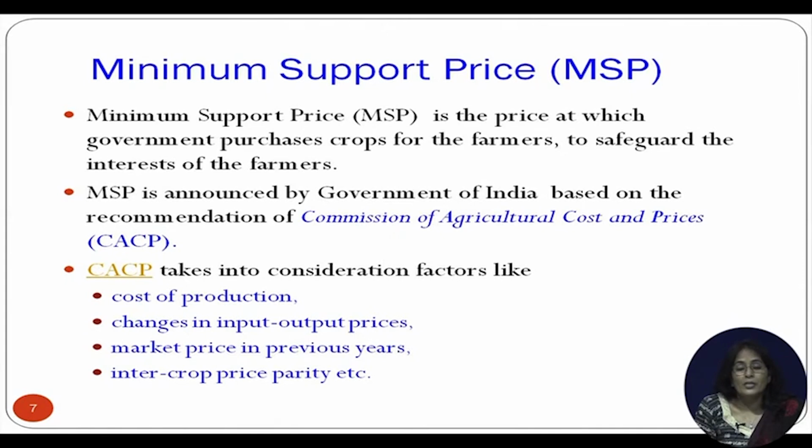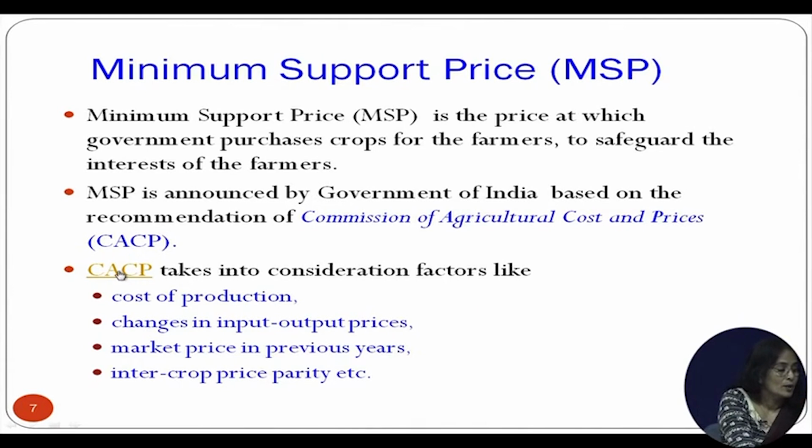So MSP is announced by Government of India, and there is a body called CACP, Commission for Agricultural Costs and Prices. This CACP announces the price at which Government of India is going to buy some of the agricultural commodities.